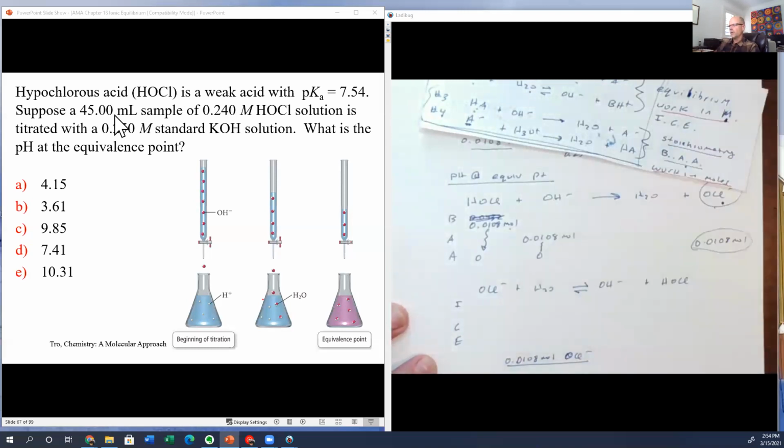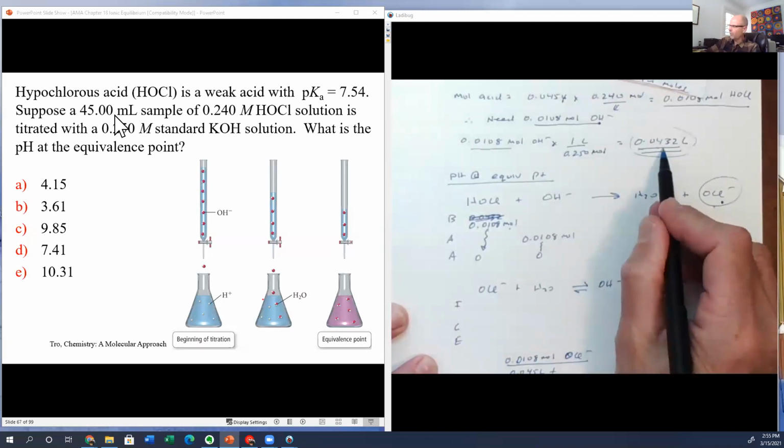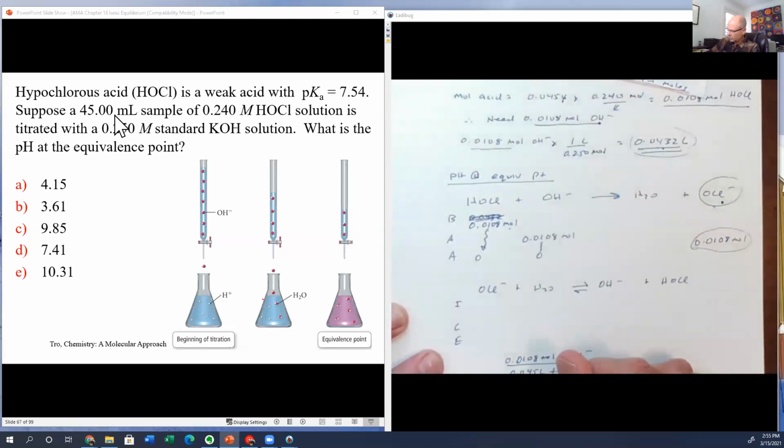I started out with 45 milliliters, 0.045 liters. And now to get to the equivalence point, I've added 0.0432 liters, right? That gives me my concentration of OCl minus that I have to use to start this problem. And that's equal to 0.122 molar, right? So that's the value that goes here.